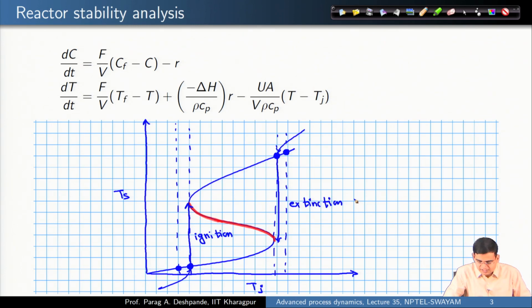And then this was a particular case when you did the analysis with jacket temperature. You can draw this curve for feed temperature as well. The nature of this curve would be same. Hysteresis is what you would observe there as well. You can take this x axis as the space time, again you will see a very similar behavior, that you will see a hysteresis, you will see ignition and extinction behavior in your system.